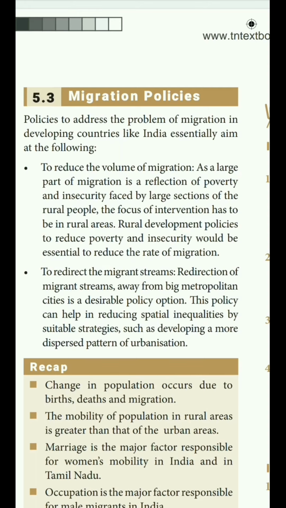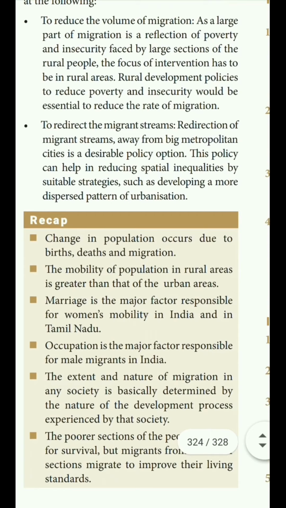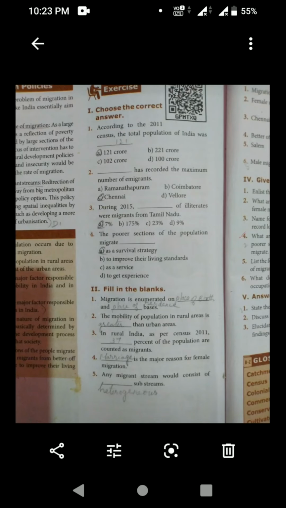Now we can mark this. I'll take page number 316. Roman number 1, choose the correct answer. According to the 2011 census, the total population of India was dash. Option A, 121 crore.